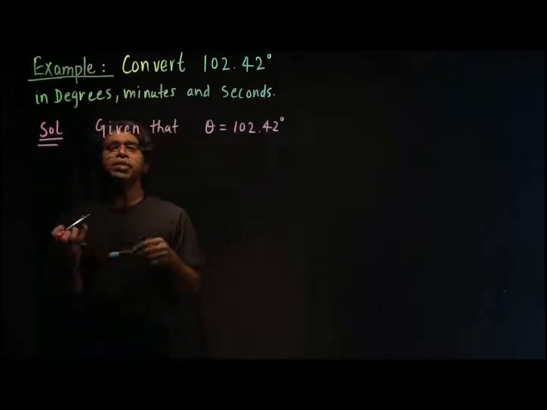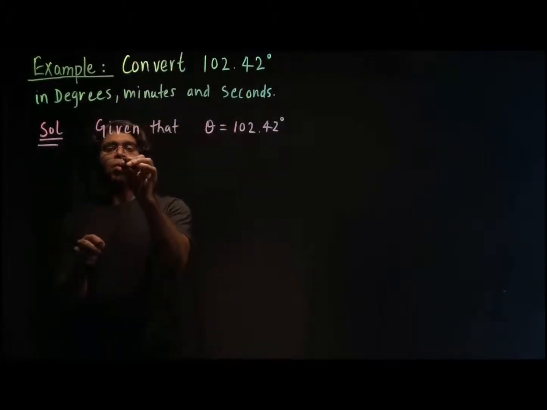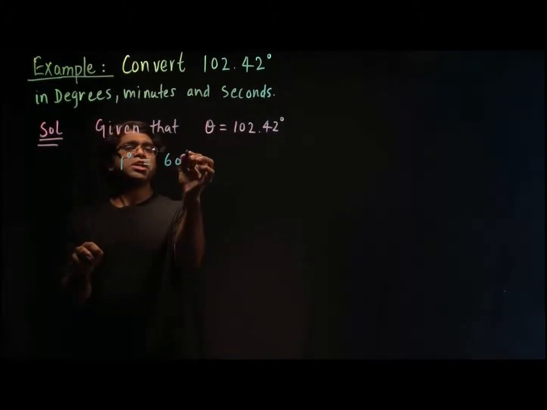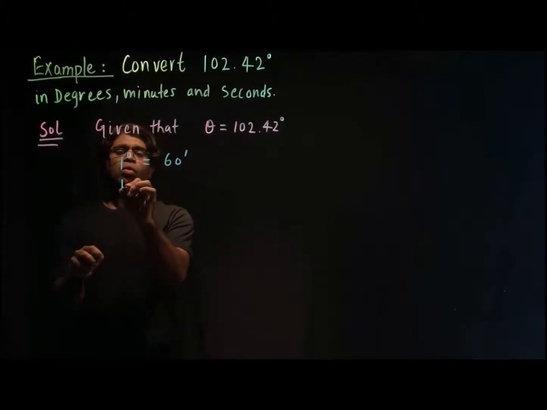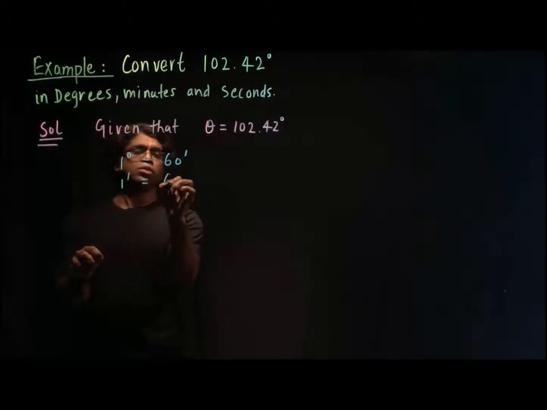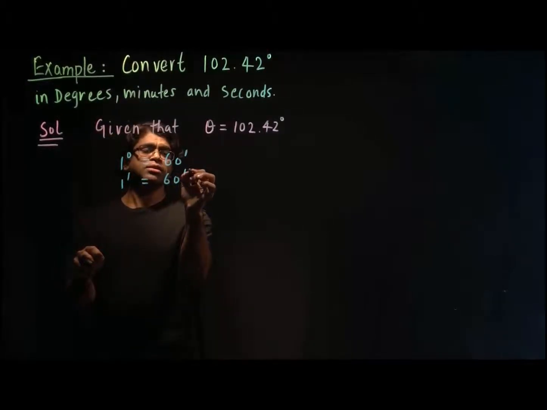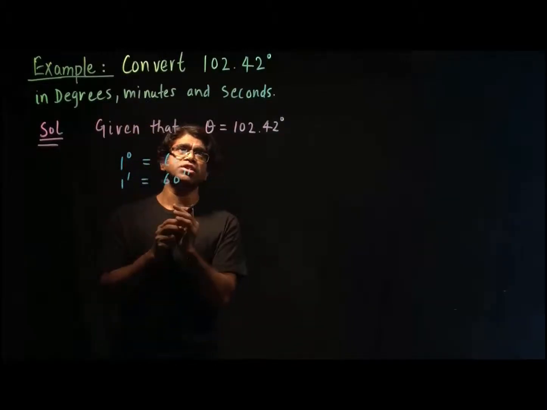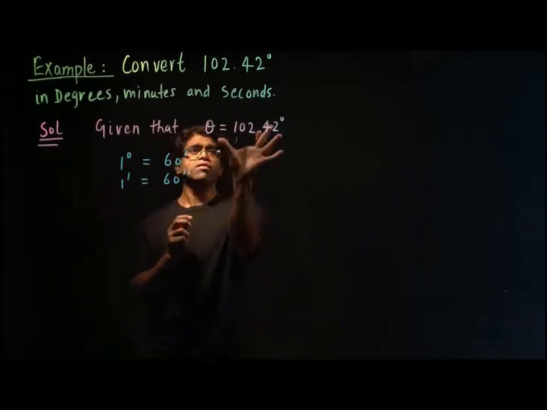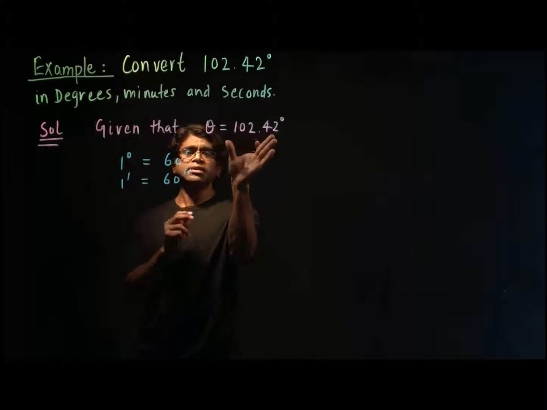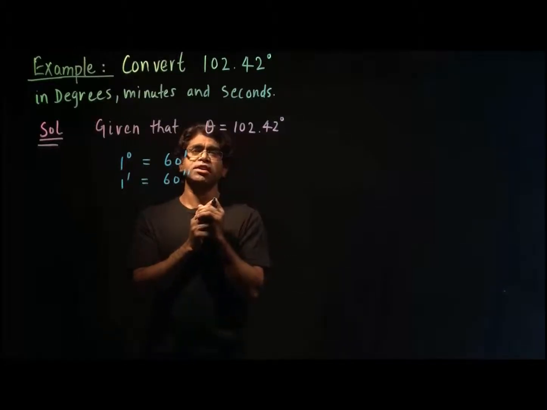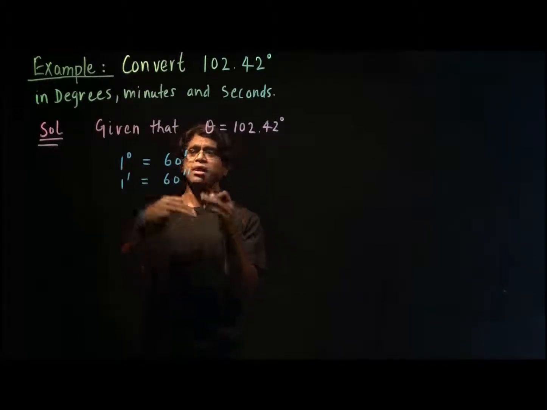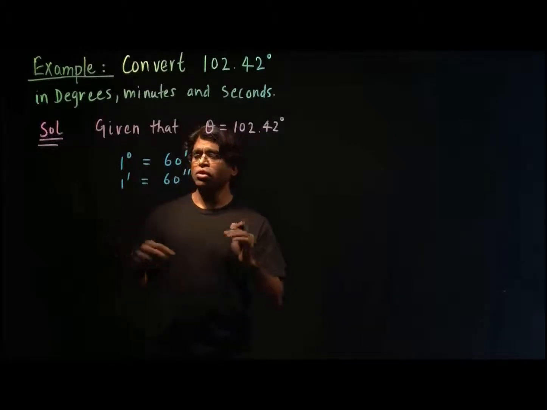Now, we know that 1 degree is equal to 60 minutes and 1 minute is equal to 60 seconds. We already know this conversion. So we need to convert this angle, which is given in degrees, in terms of degrees, minutes, and seconds. So, let's start.